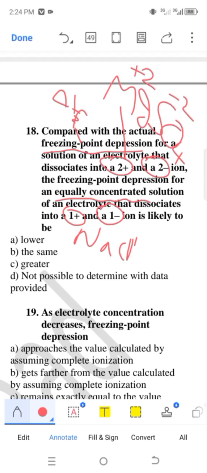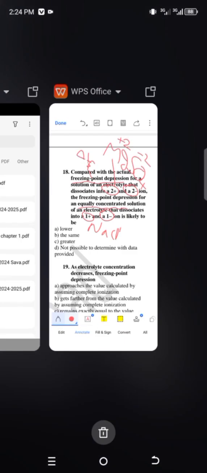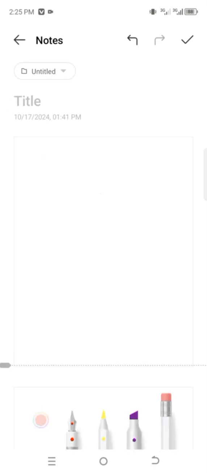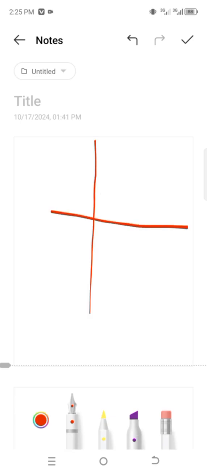So I would like to show you by a plot to understand this in detail. Let me show you the plot. Suppose that we expected both solutions have the same concentration and their freezing point is -2.